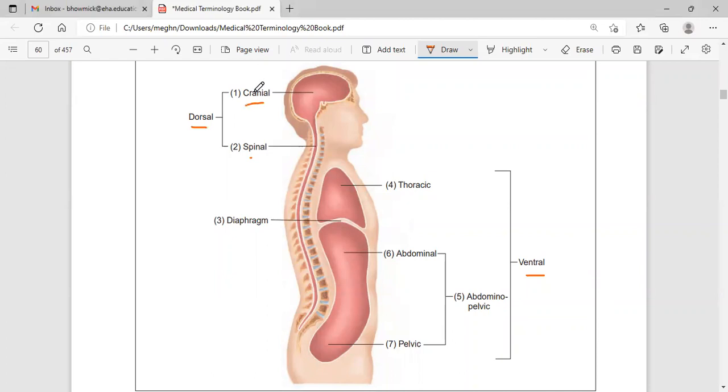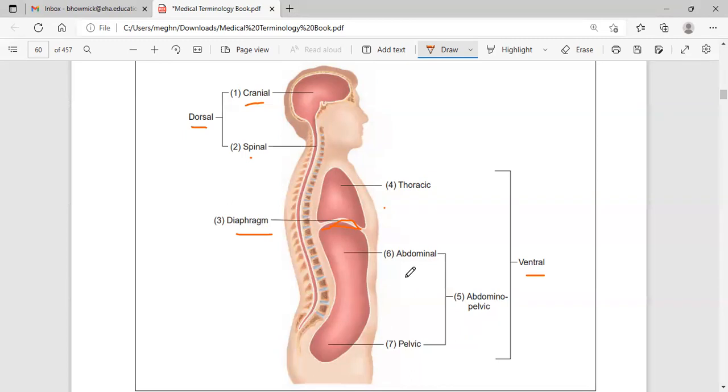The cranial cavity contains the brain, but the spinal cavity contains the spinal cord. And you can see this is the diaphragm. The diaphragm separates the thoracic cavity from the abdominal cavity, right? The thoracic cavity here contains the heart and lungs, and this is the abdomen and this is the pelvis. Both together we call the abdominopelvic cavity.